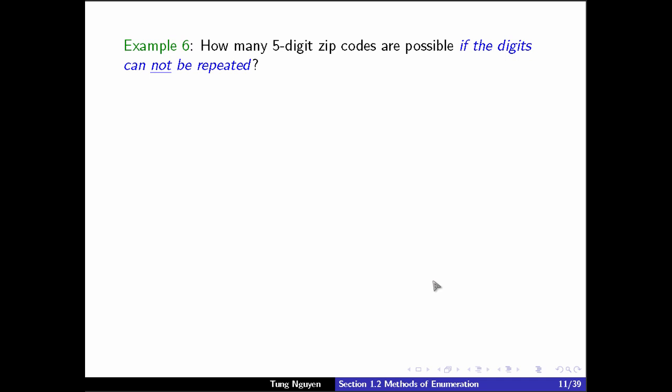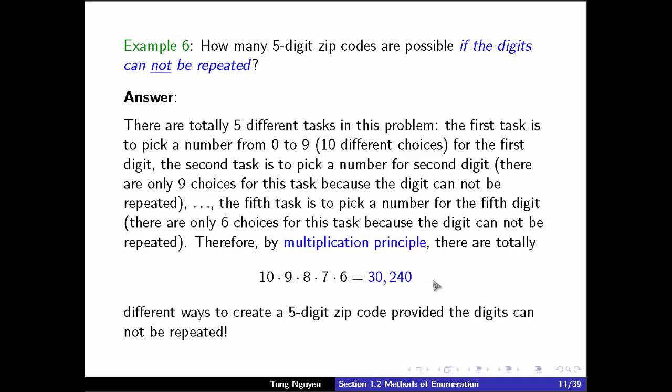So this time for the first digit, we have 10 choices. However, because we cannot repeat the digit already selected for the first digit, we only have 9 choices for the second digit.